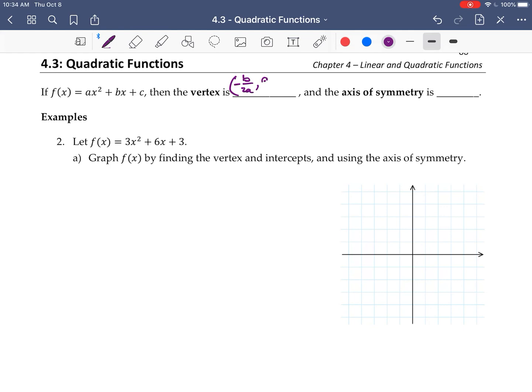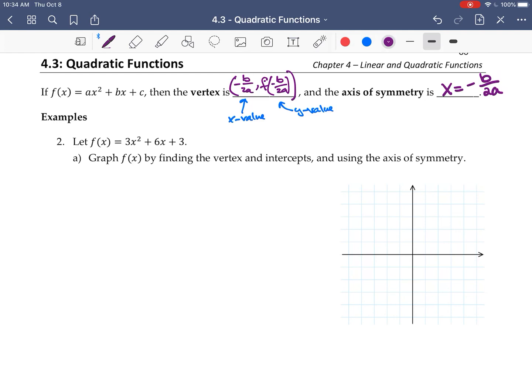That's the x value, and the y value is just what it's evaluated at. So this is the x value of your vertex and the y value. If your vertex is at negative b over 2a for the x value, then the axis of symmetry is going to go through that x value, so it's going to be at x equals negative b over 2a.